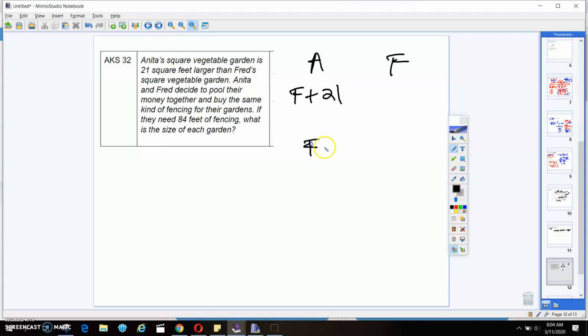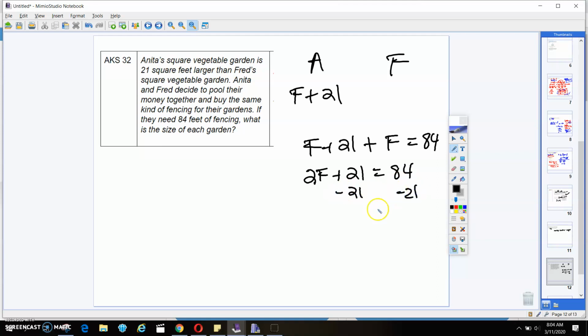So I've got Fred's plus Anita's, and that's going to equal 84, right? So if I add my like terms together, that's going to give me 2F plus 21 equals 84. I'm going to subtract 21 from both sides. So 2F is going to equal 63.